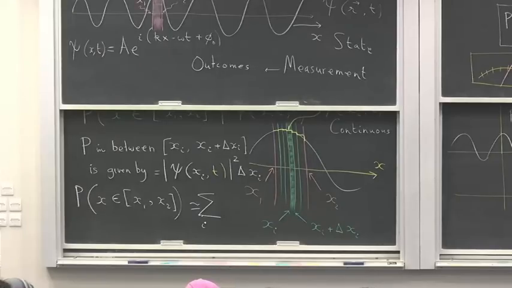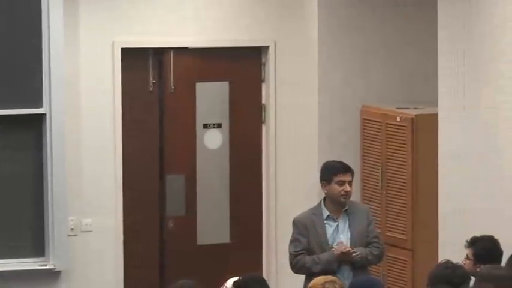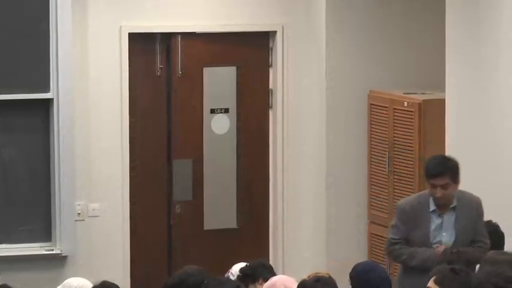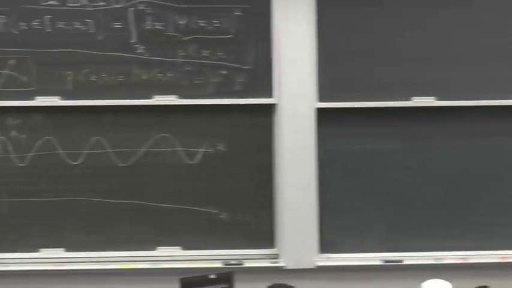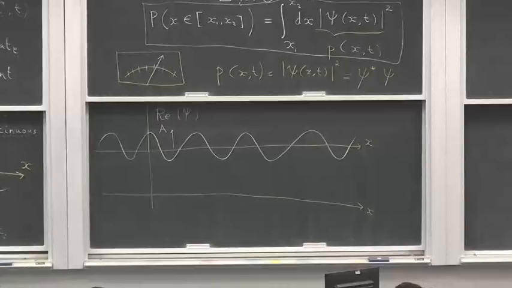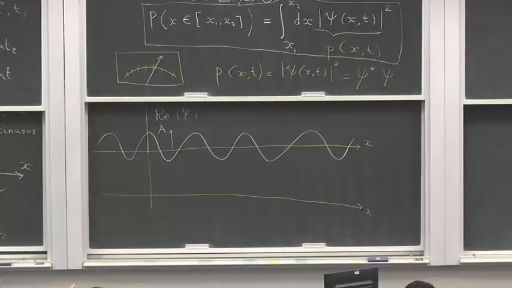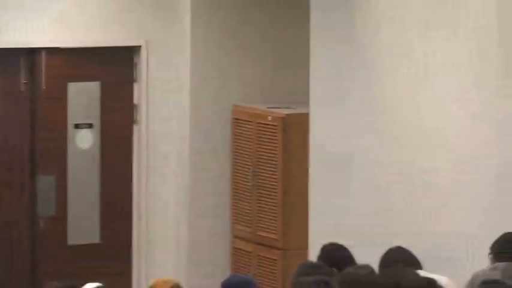That's the wave function. It's a complex number. Remember, the wave function can be complex. In this case, it's a complex number. Remember, I'm asking you to plot the probability density. What I've drawn over there is just the real part of the wave function.